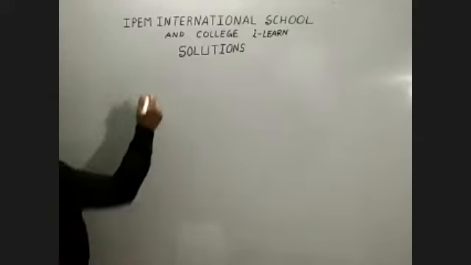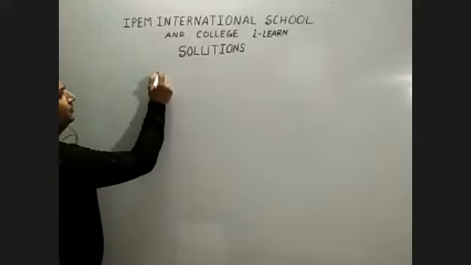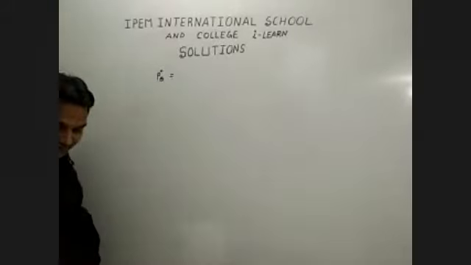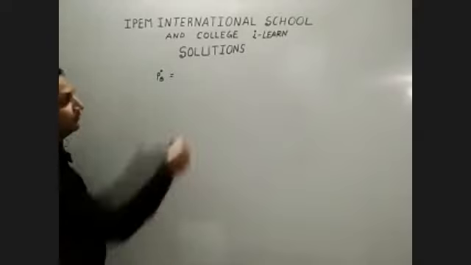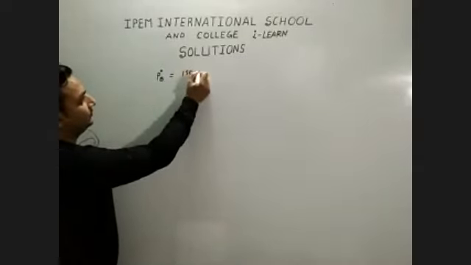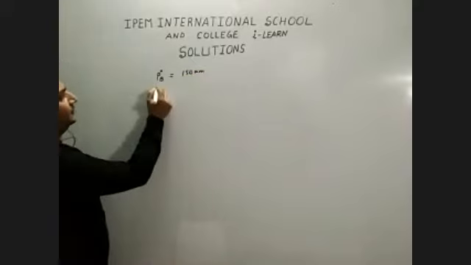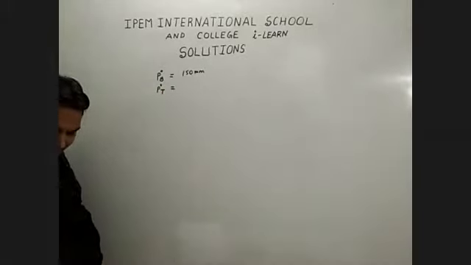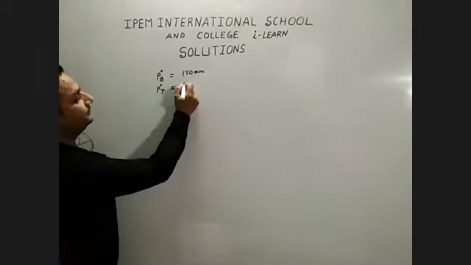All right. The vapor pressure of pure benzene we can treat as P naught B, that is given as 150 mm. And P naught T, that is the vapor pressure of pure toluene, they have given 50 mm.